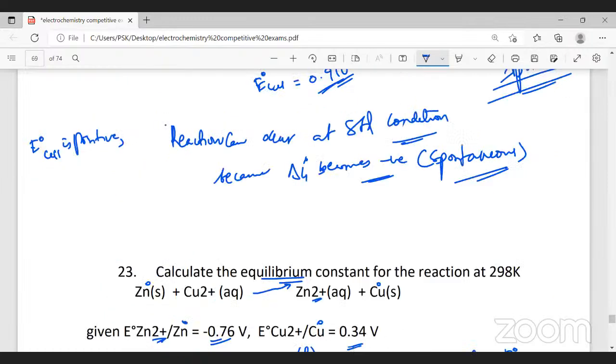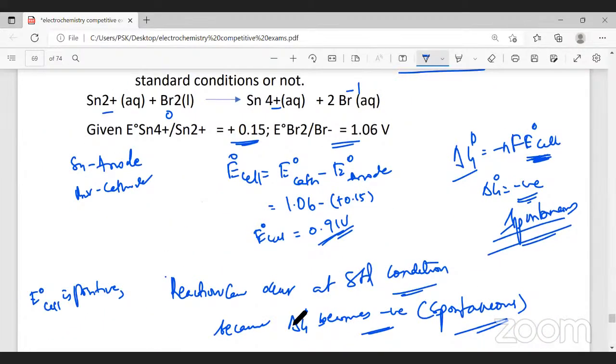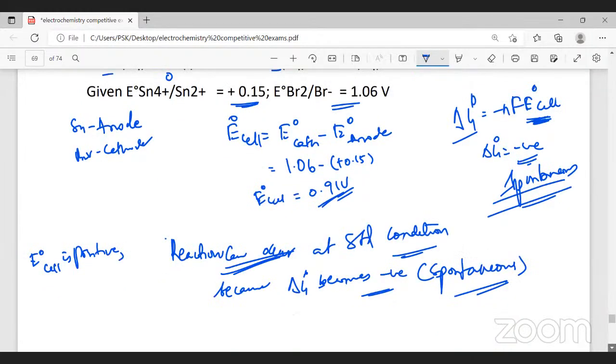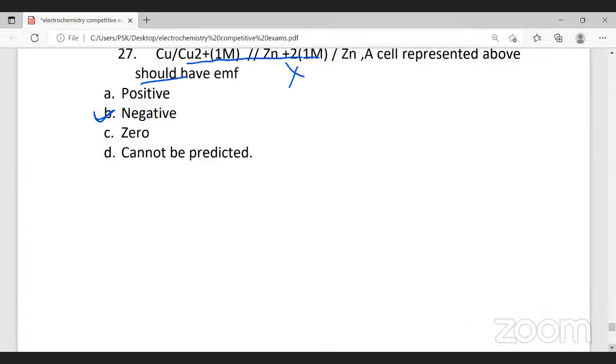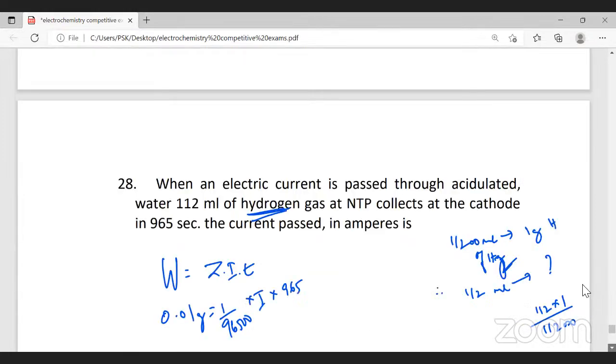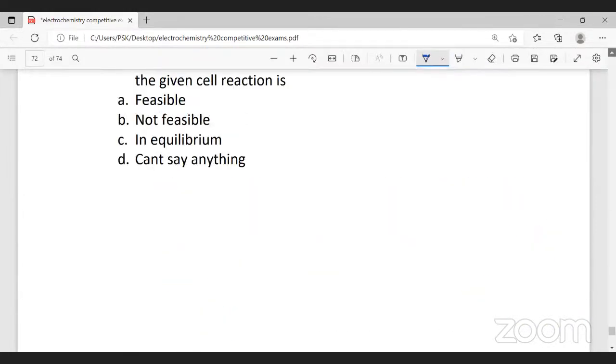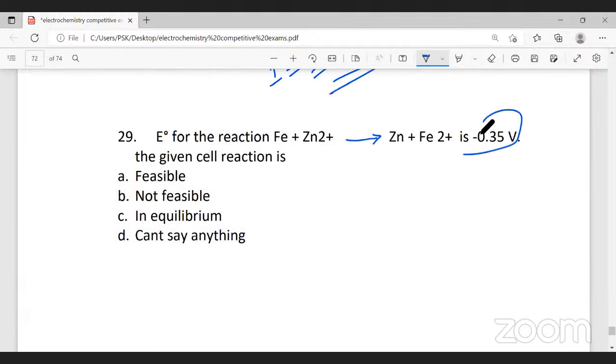When E naught is positive, the reaction occurs and is feasible. But in this question, E naught is given as negative, minus 0.35 volt.